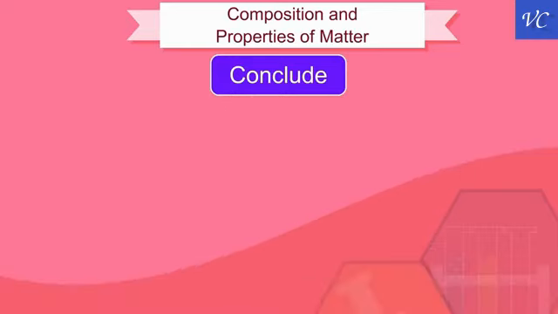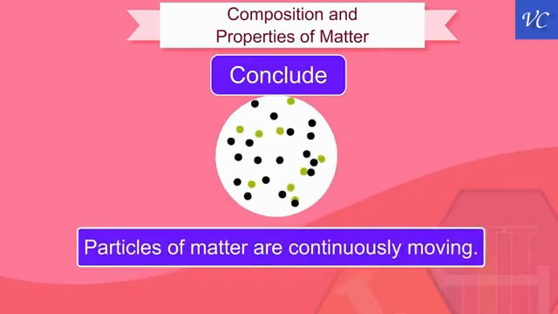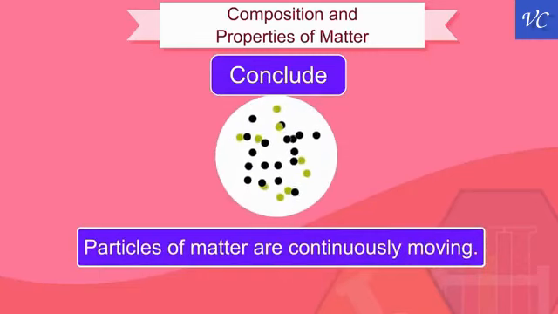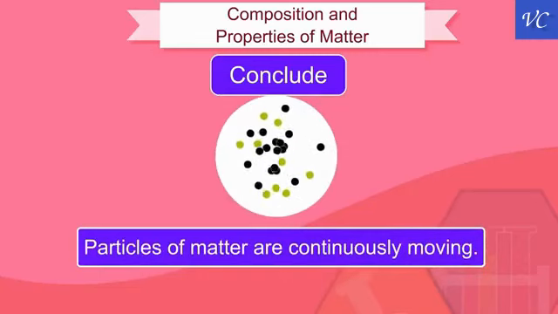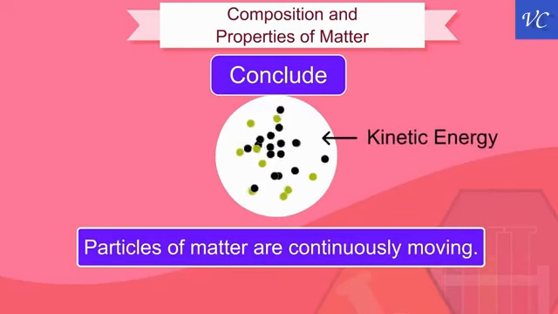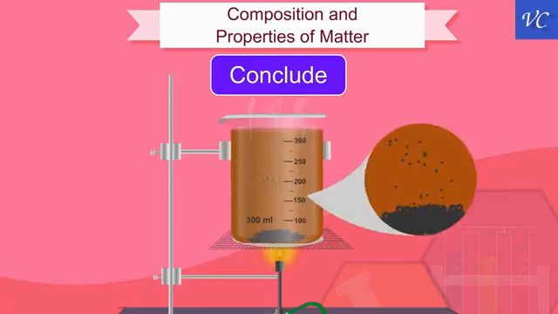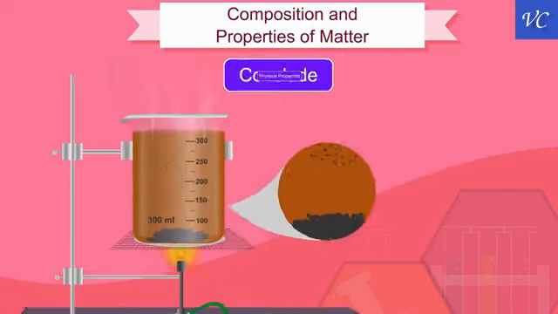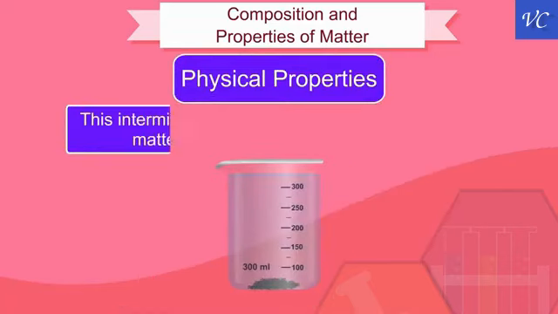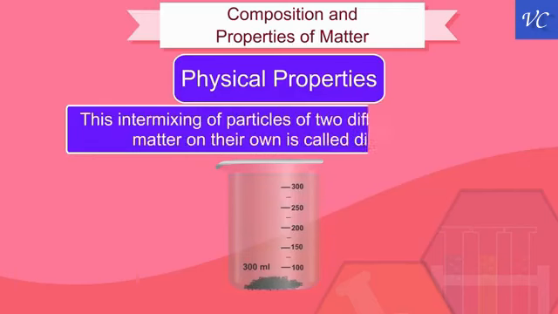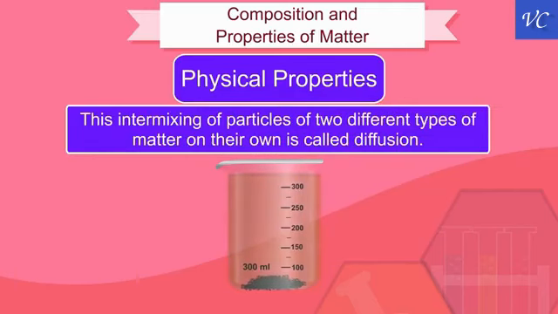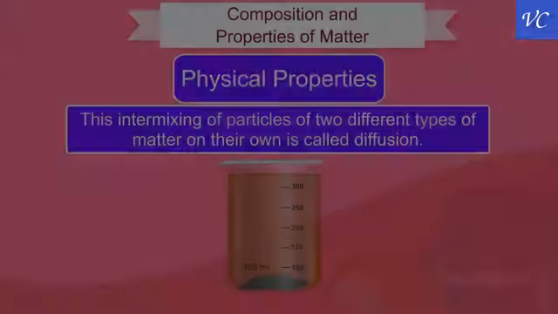In other words, particles of matter are continuously moving. That is, they have kinetic energy. And this energy increases as the temperature increases. This intermixing of particles of two different types of matter on their own is called diffusion.